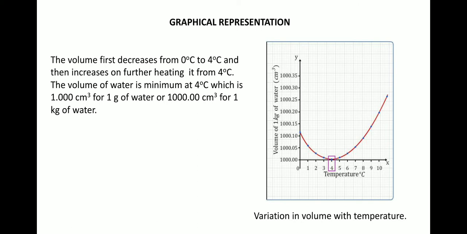The volume of water is minimum at 4 degrees Celsius, which is 1.00 cubic centimeter for 1 gram of water, or we can say it's 1000 cubic centimeters for 1 kg of water.